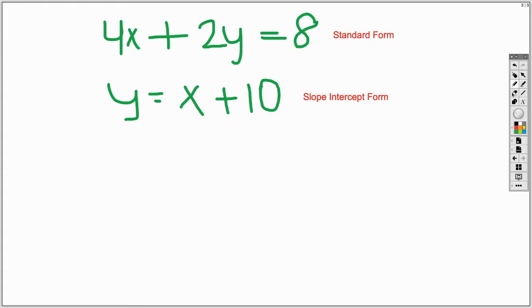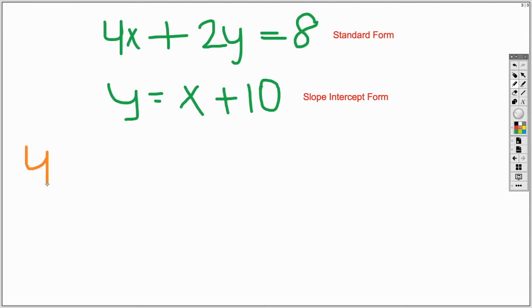If you were given two equations both in standard form, you'd quickly convert one into slope-intercept form, which is again a previous concept I've covered. But let's move on. So we have one standard form and one slope-intercept form.